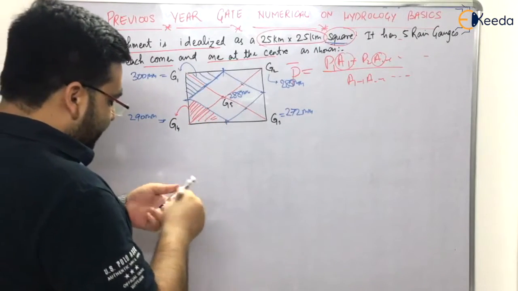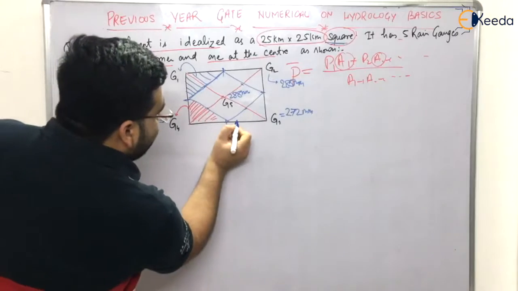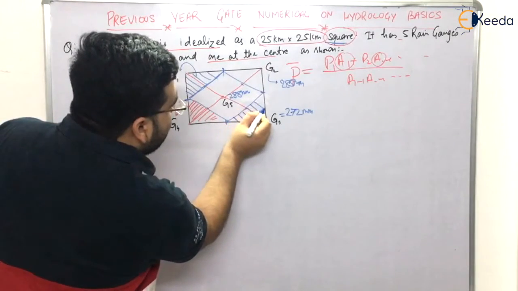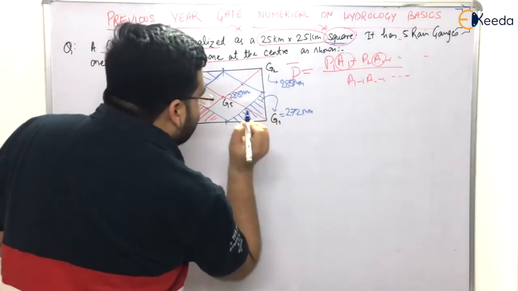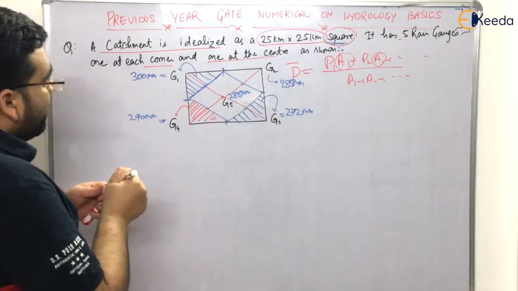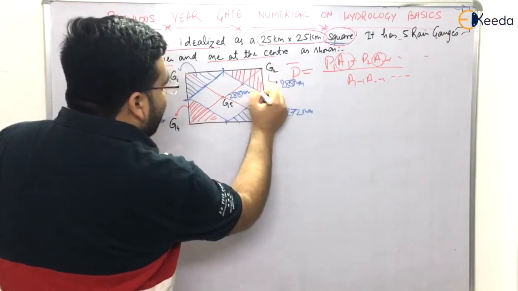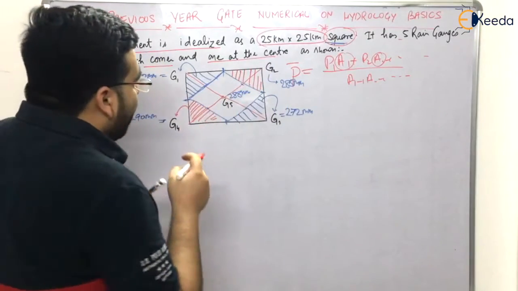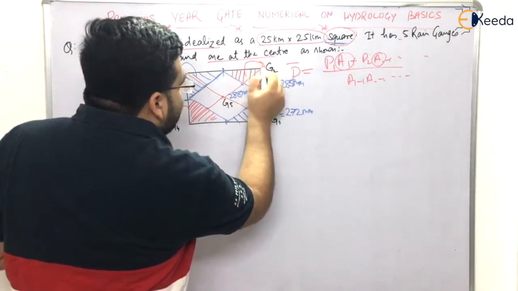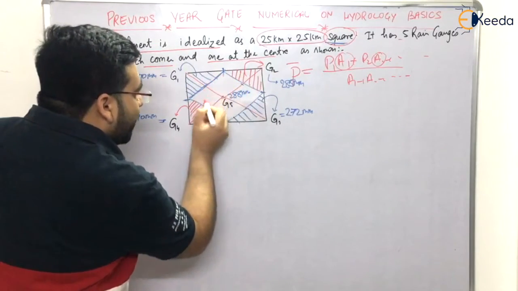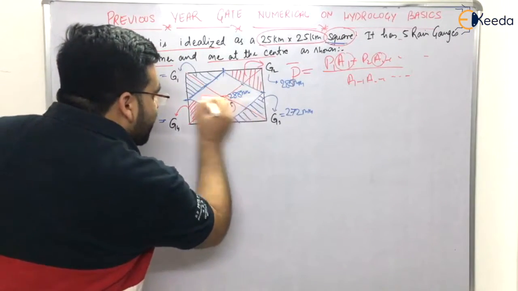Let me use this marker again. This area will be for G3, and this triangular area, because a triangle is also a type of polygon. And this whole square area will be for G5.